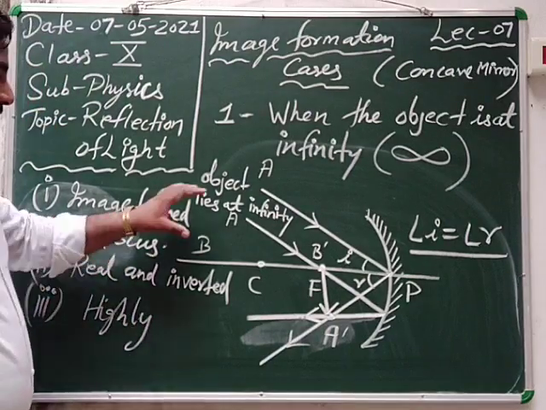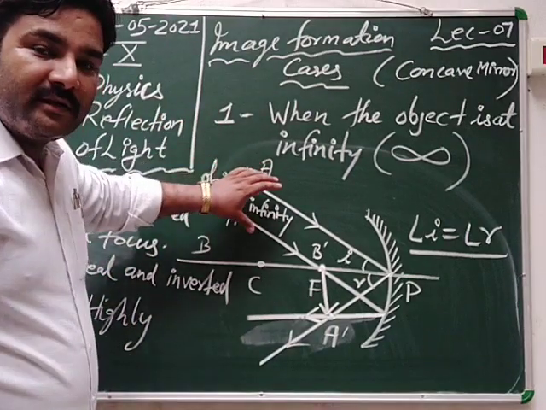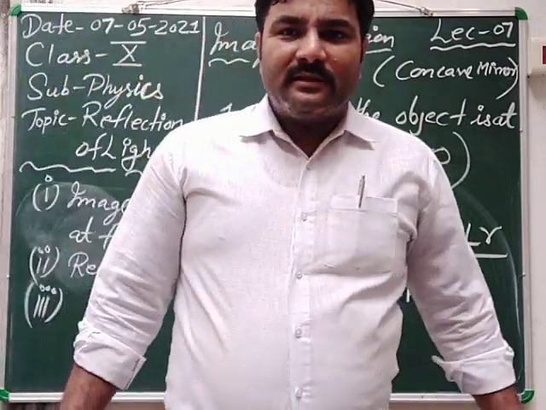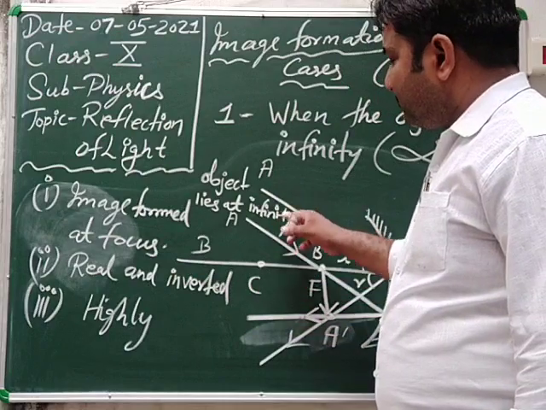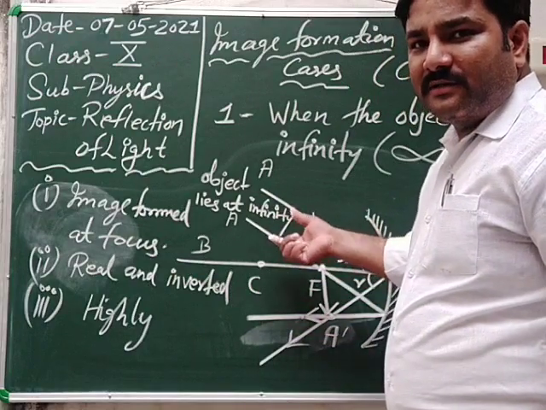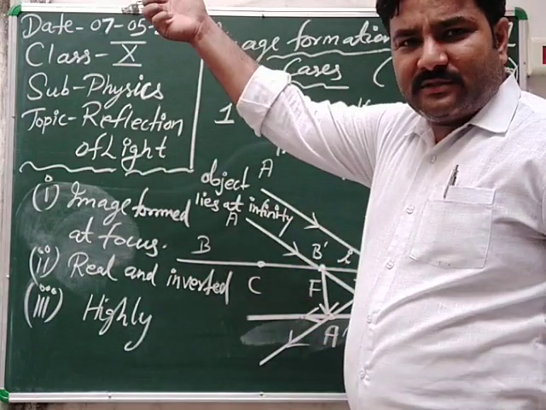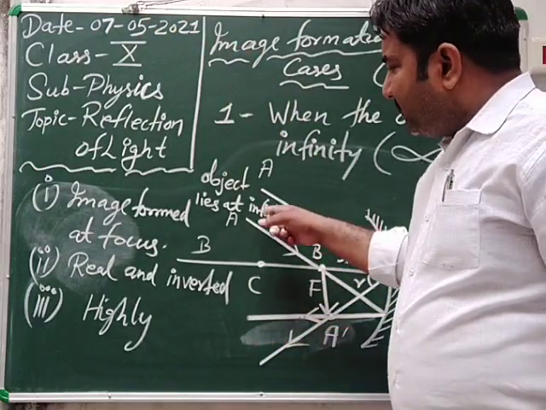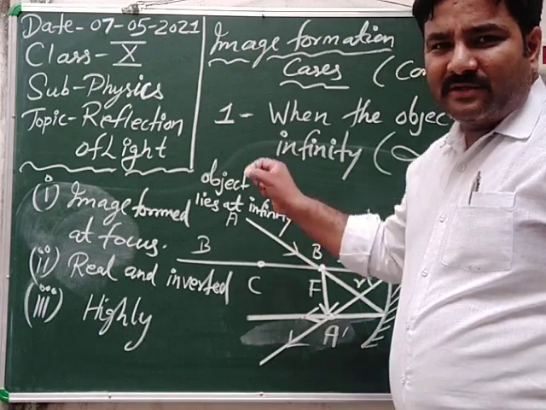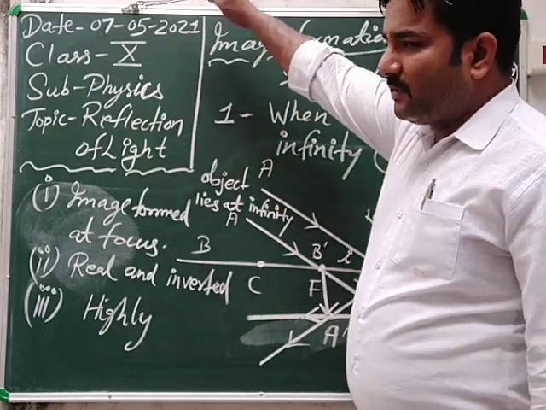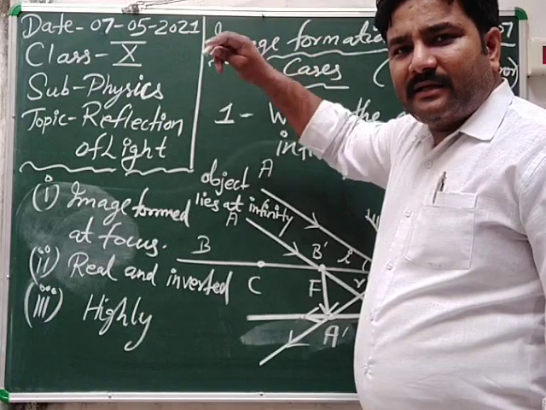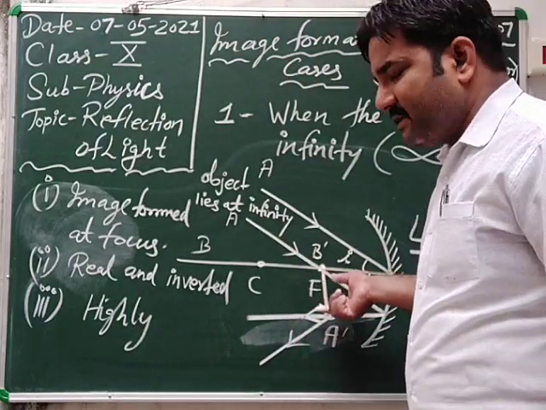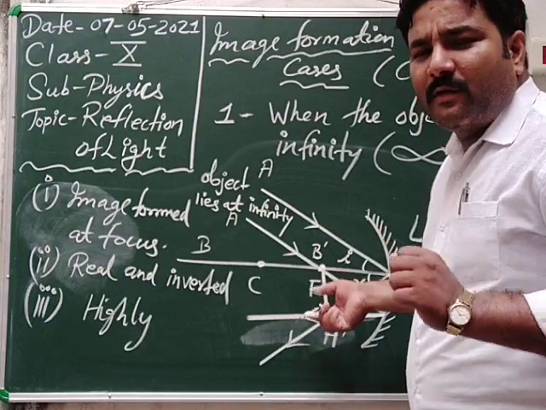Because the object size means what? The rays coming from infinity mean the object is too much away from this mirror. This parallel concept means that the rays are coming from too large a distance. That's why we say the object lies at infinity. Infinity means too much away distance. So the object size will be very large, and in comparison to the object size, the image size is very small.